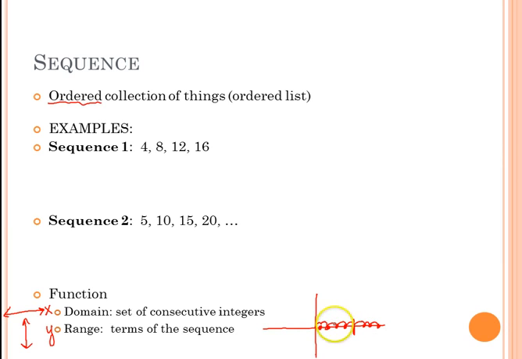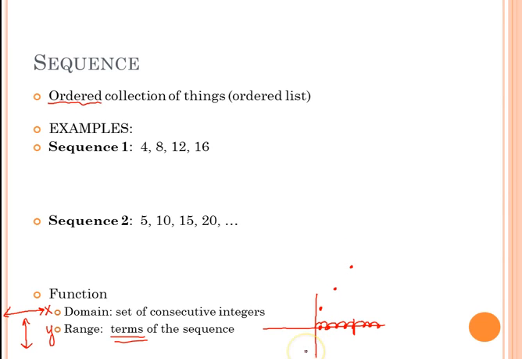So you're just going down the line. Your range is the terms, or what you're getting from the sequence. So for this sequence, it would be 4, 8, 12, 16, and we would keep going up. So your range is like your y's. It's what you're getting out of the sequence.